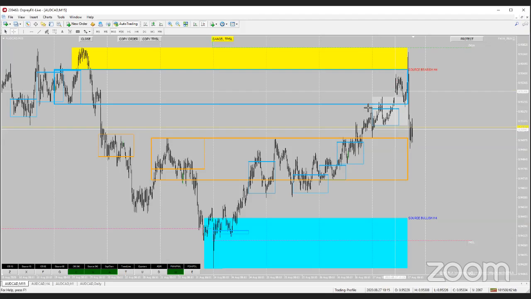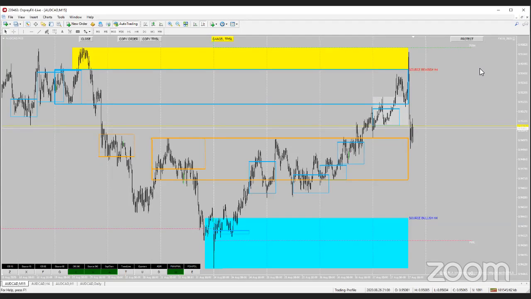So if we close below this particular order block, we're going to go to a bearish 4-hour order flow, okay? So at this point, what we would be doing, we're monitoring for a bearish order flow, and any type of LSB is going to be alerted on the dashboard.